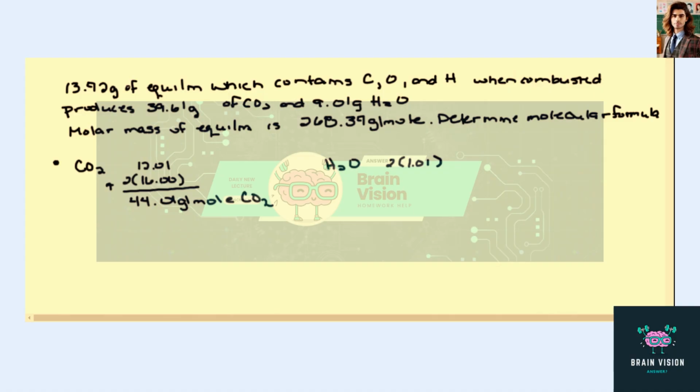Sometimes oxygen is 15.999 if it goes down to 3 decimal places. And then, of course, we have 16 here. We add those together, and we get 18.02 grams per mole for the molar mass of H2O.